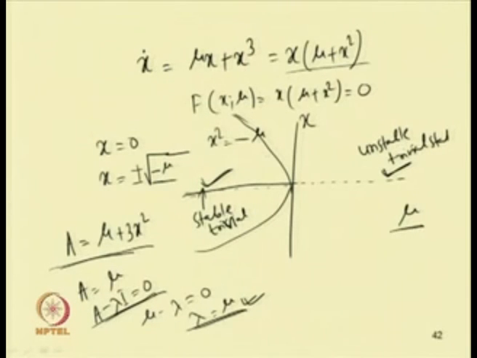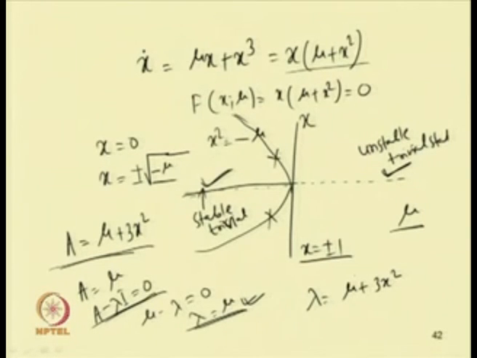Now, corresponding to any point, let us take x equal to +1 or -1. So, for these two points, A minus lambda equal to 0, so lambda equals mu plus 3x square.